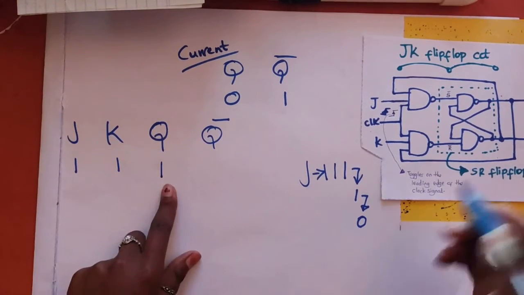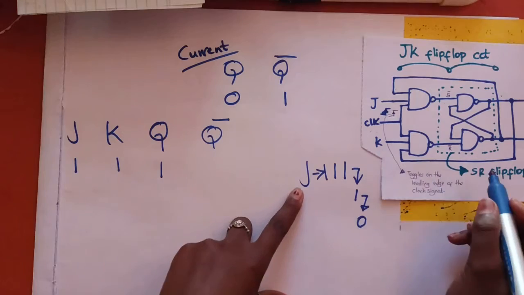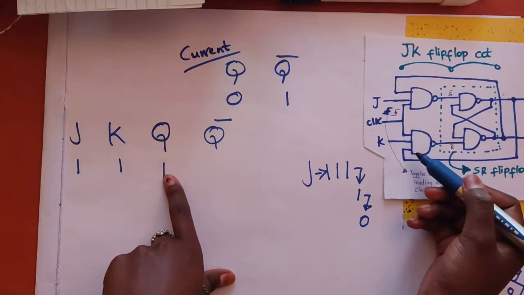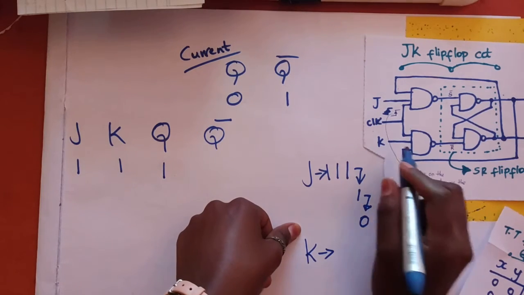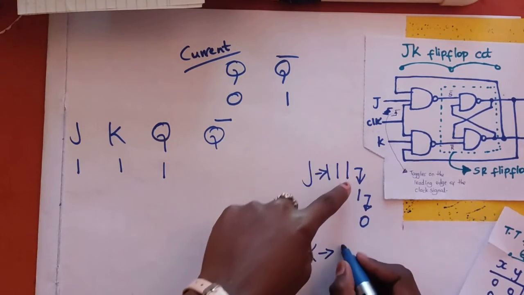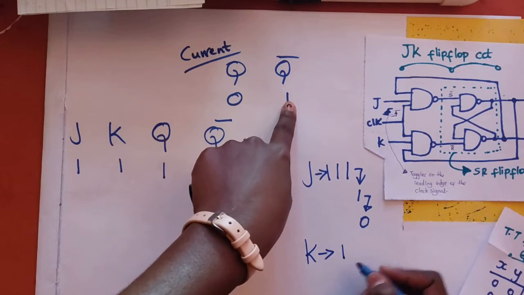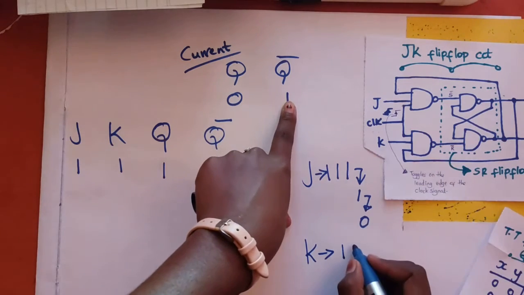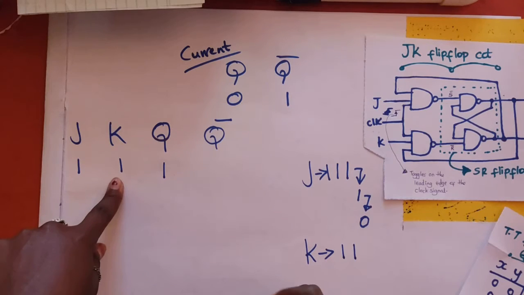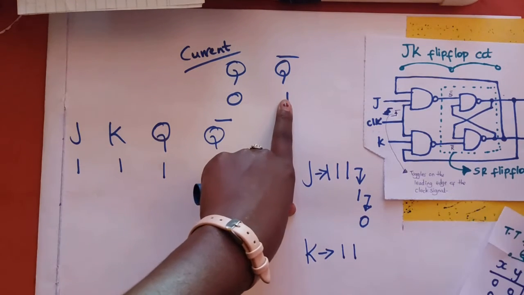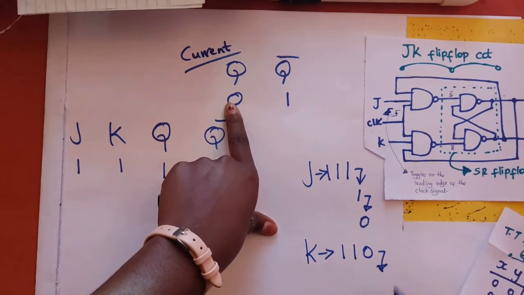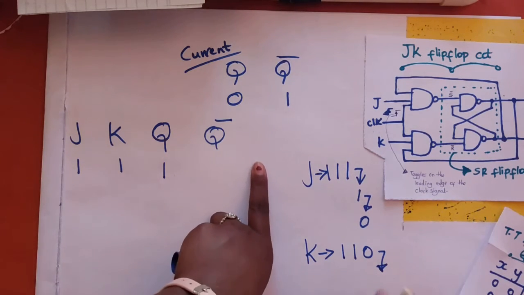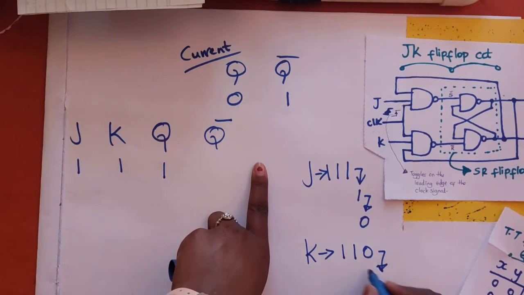Then let's look at the K side of things. At the K side, first of all, we have the clock as high. Then we have the K input as high because K is 1 right now. And then we have Q, which is the output, as 0. So with this, we know 1, 1, 0, therefore this would be 0 if it were an AND gate.